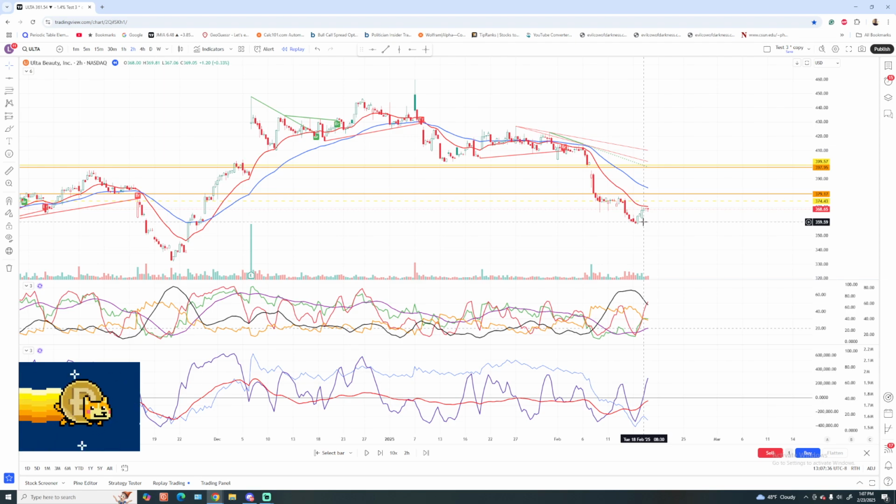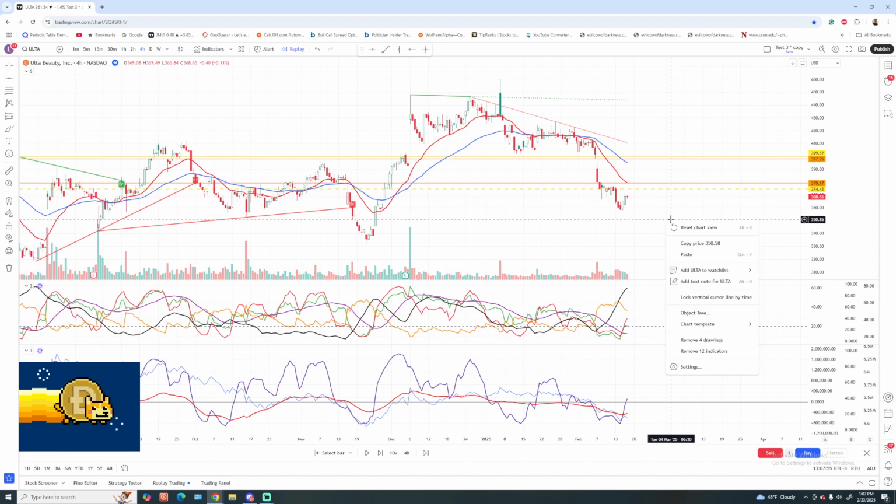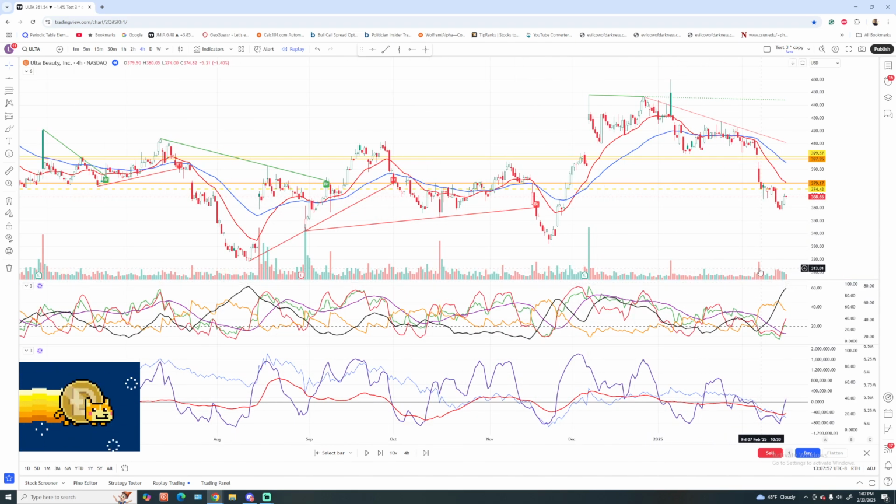When it came up to this price, I mentioned in chat, hey, I'm going to double down on ULTA right now. Even though it looked good, like it was having a recovery, what made me know it wasn't a true recovery is that right here on this 4 hour, you see how the green crossed the black line?